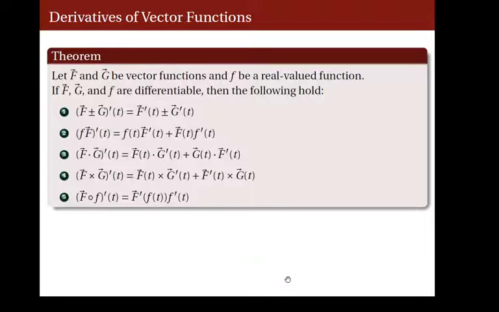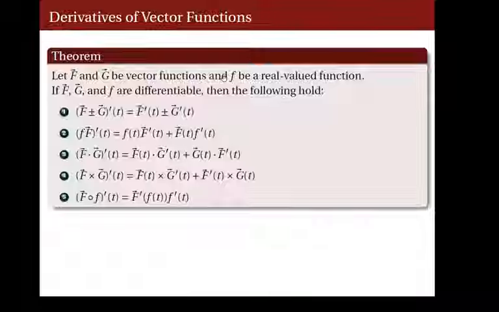Now for this slide, let us look at some properties of the derivatives of vector functions. So let us take F and G to be vector functions and take small f to be a real valued function. So again, F and G are vector valued functions, and small f here is a real valued function.